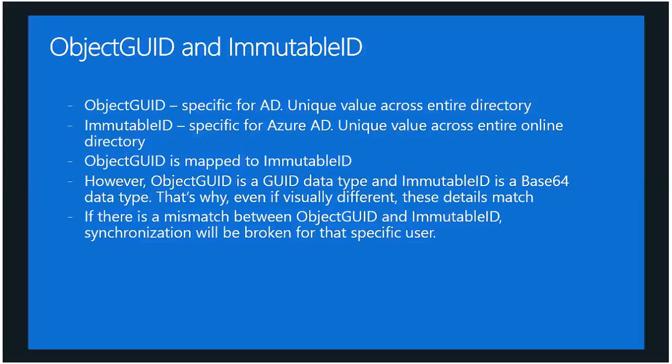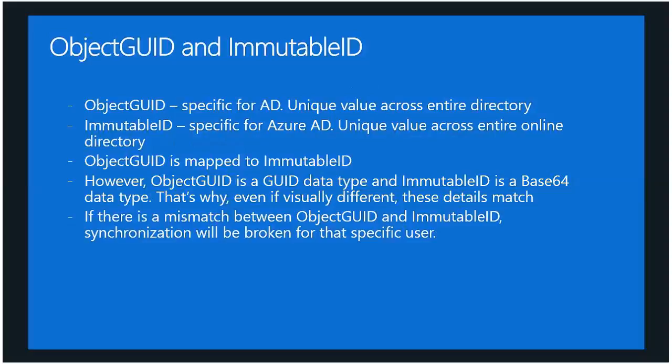Now, what happens is that when we synchronize an identity, a user for example, Azure AD Connect identifies the user based on this object GUID. Then, when it synchronizes the user, it transforms the format of this object GUID from GUID into base 64, and maps it to the cloud attribute immutable ID.